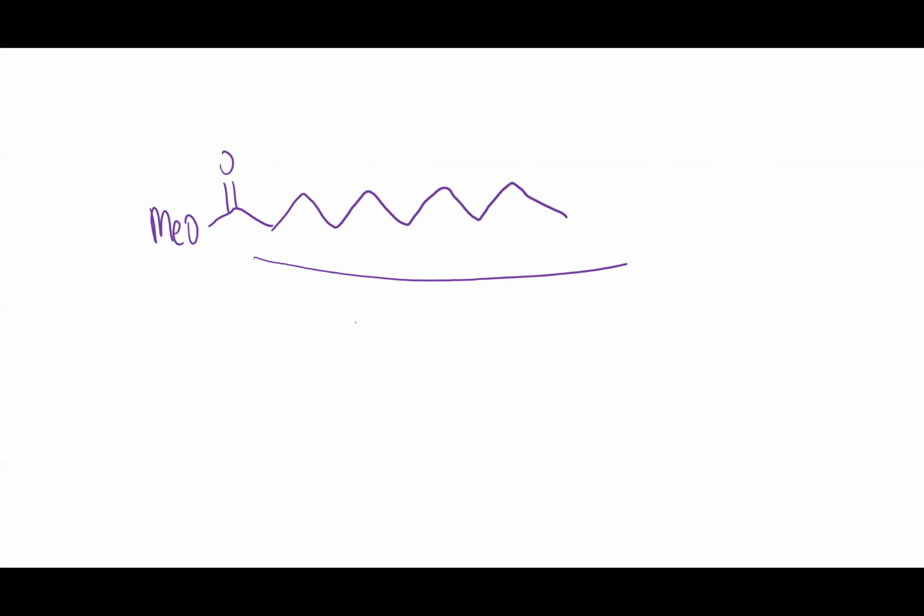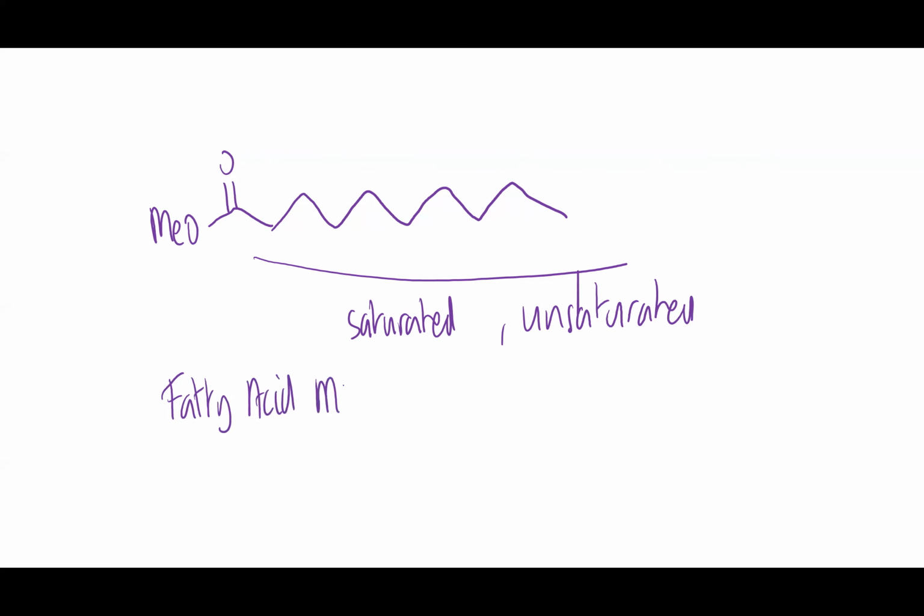There's one here. So we can turn the fat molecule into these compounds. And of course, the fatty acids can be saturated, like this example, or unsaturated, where we have double bonds in there. But these are compounds called fatty acid methyl esters.